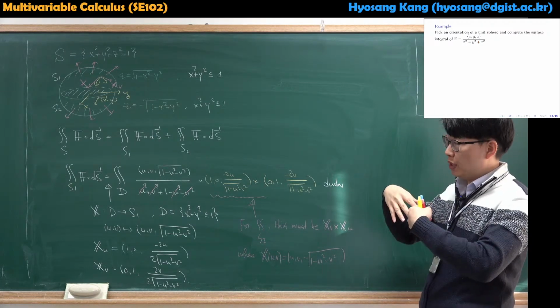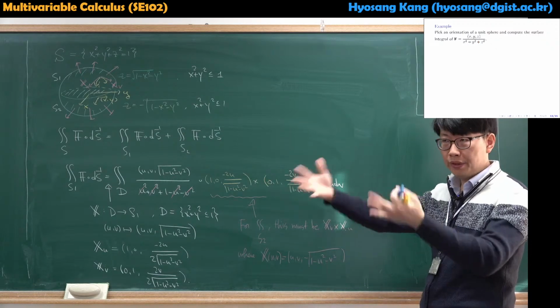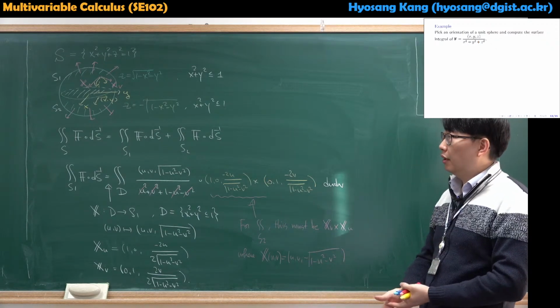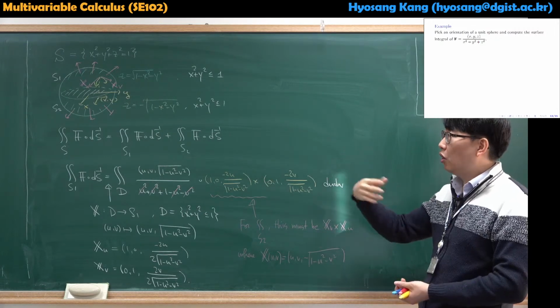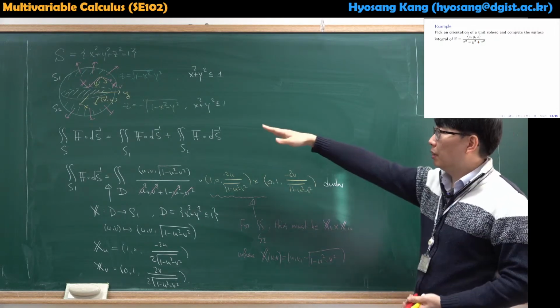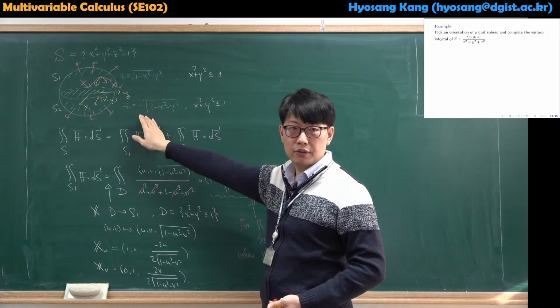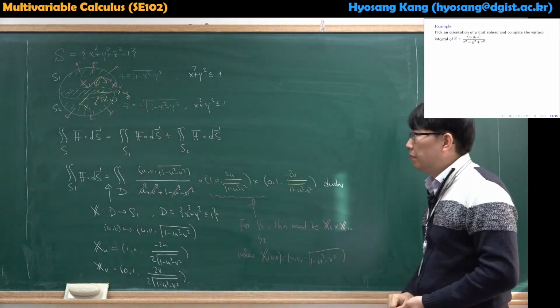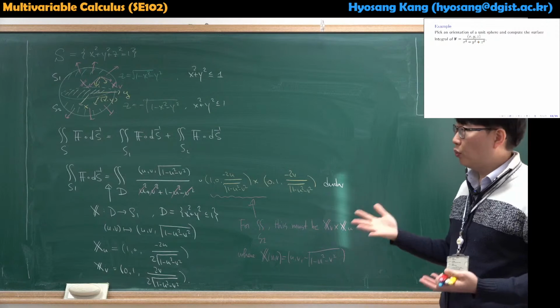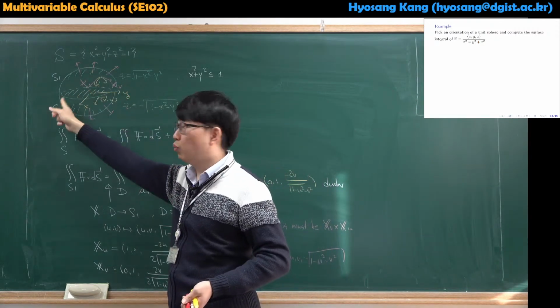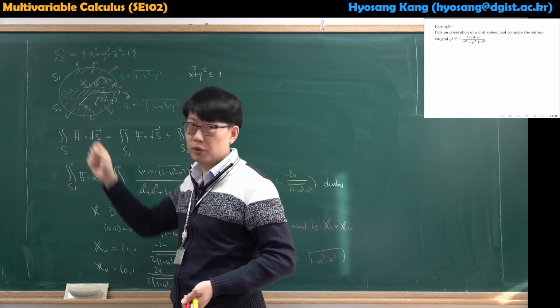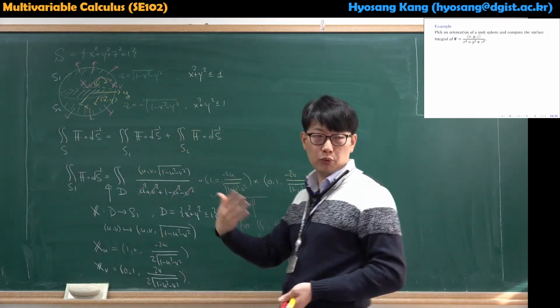So we're looking at the sphere as a whole, one surface. We divided that into two hemispheres only because we wanted to parameterize by the graph of functions. But originally, it's one sphere, one surface. So this surface has one orientation, which goes in the outward direction. That was my pick.